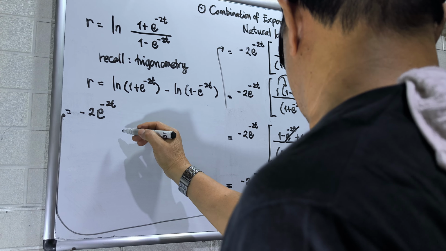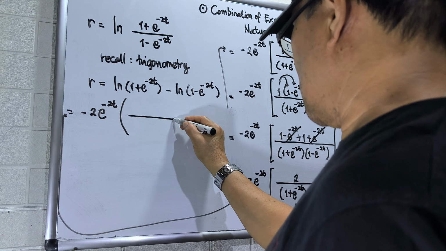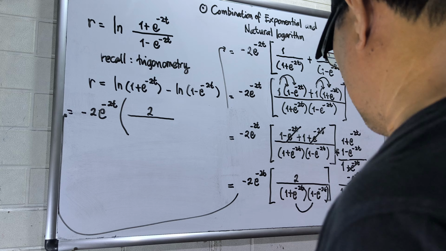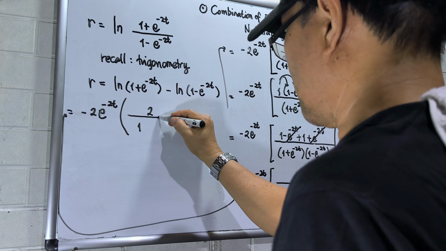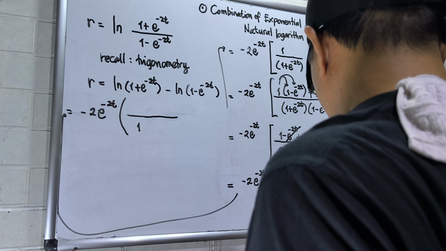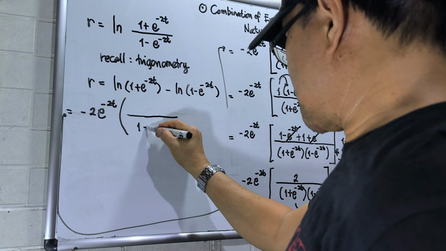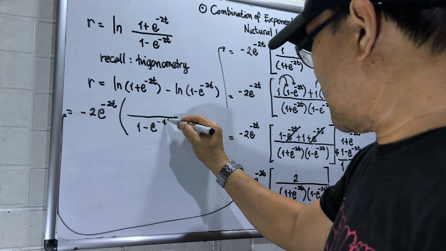So I have now, I can use circle brackets. So this will be 2 over 1 minus e raised to negative 4t.